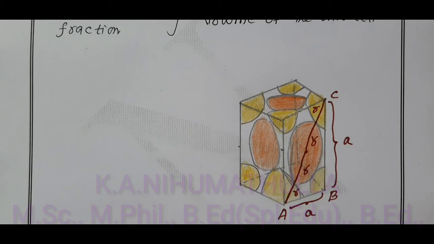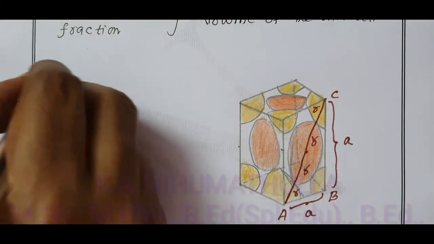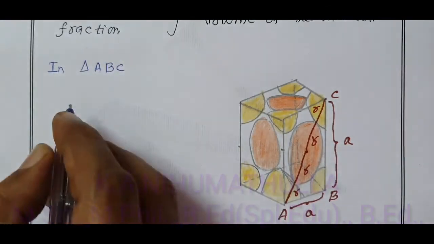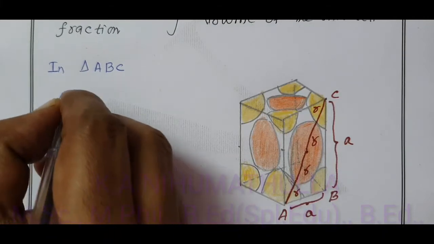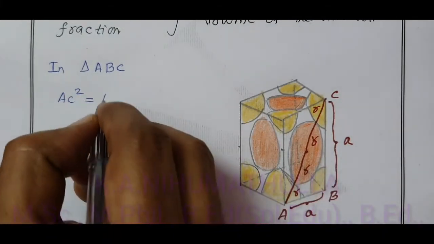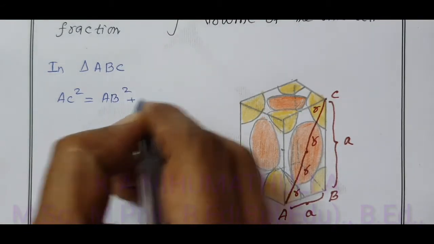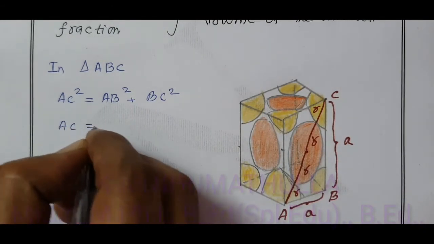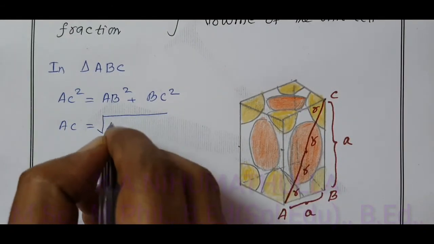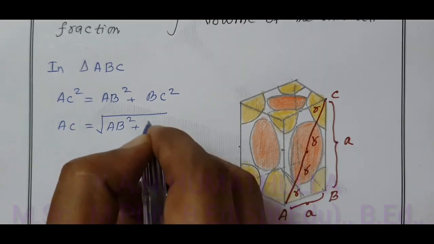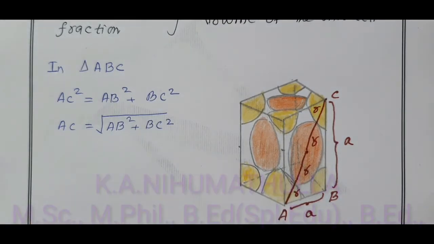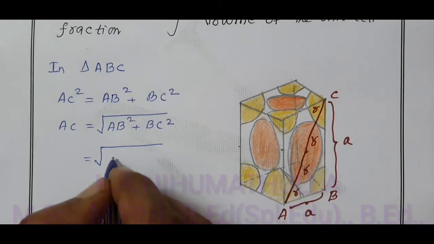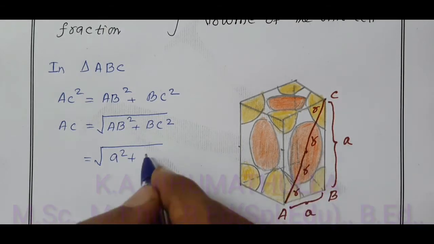According to Pythagoras theorem, in triangle ABC, AC square equals AB square plus BC square. AC is equal to root of AB square plus BC square. We know the values of AB and BC: AB is a, BC is a.